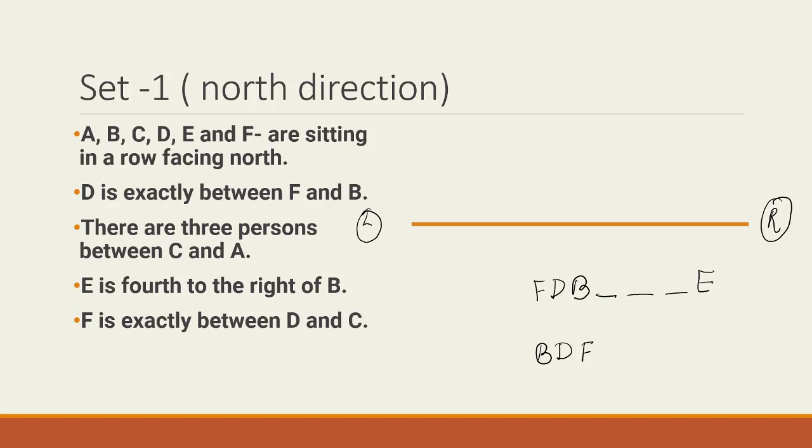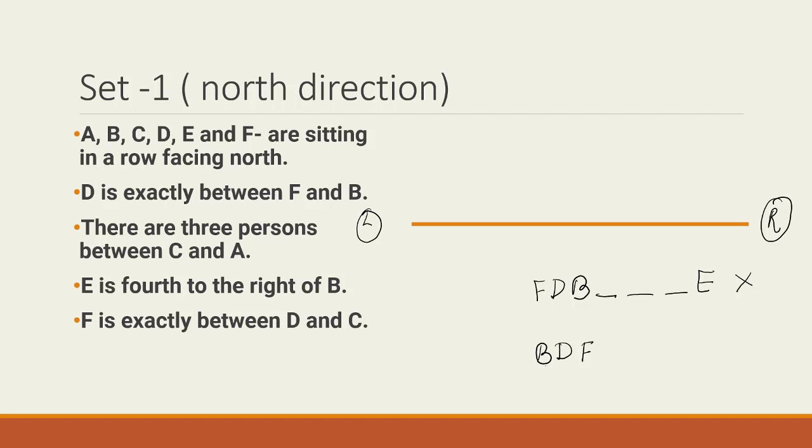And now when I look at it, I see in this arrangement I will have to place 7 persons, whereas here I am only having 6 persons. So this possibility is wrong. We will drop this possibility then and there and we'll work on the other possibility.